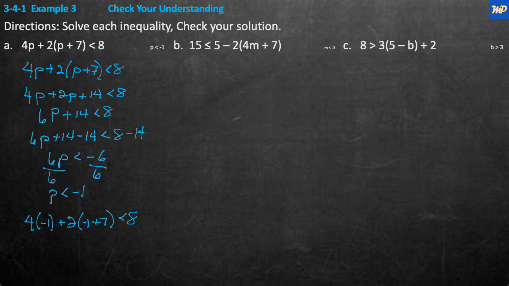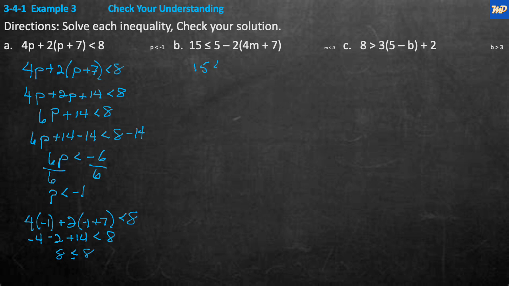So now we have negative 4 minus 2, right? Minus 2 plus 14 is less than 8. And is that true? Minus 2 minus 4 is minus 6 plus 14 is 8. 8 is, in our case, equal to 8. That's good. Let's do the next one.